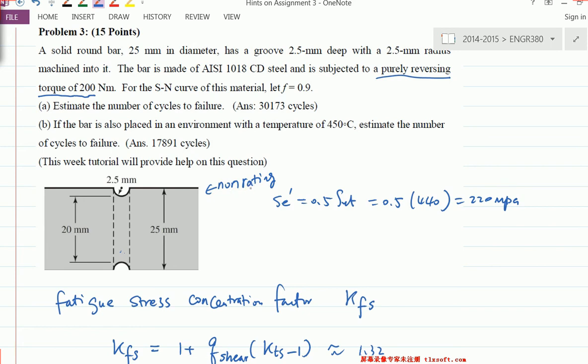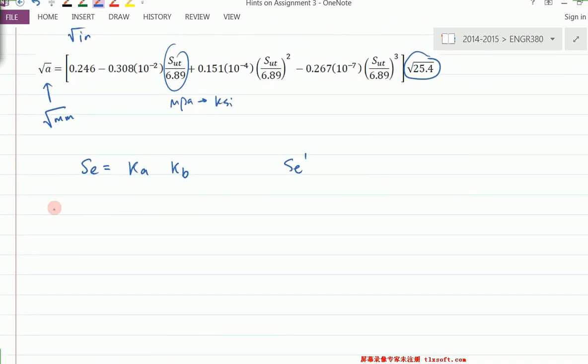If it's a non-rotating bar, if you recall, technically your Kb, let me show you what Kb is. Kb was D over 7.62. Okay. Like this, right? So in the lecture, if you remember, we use this formula for two different kinds of situations.